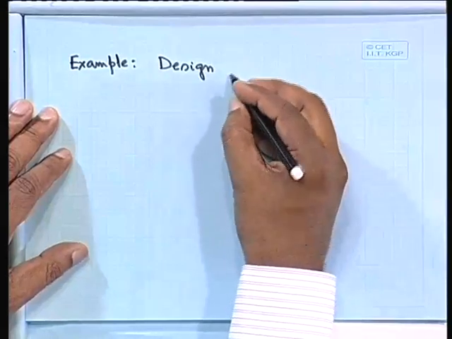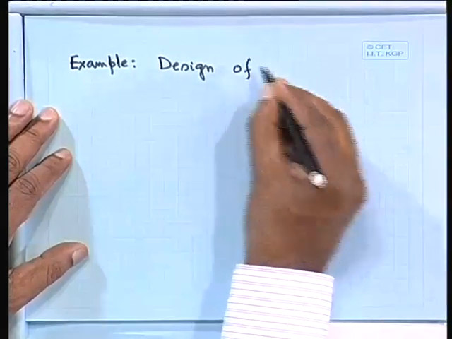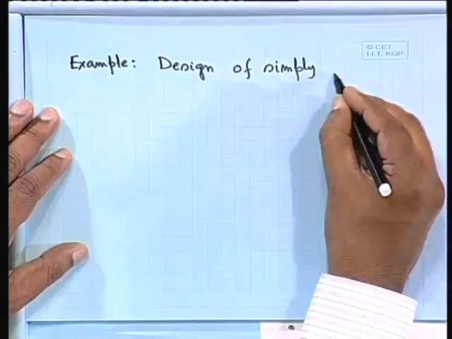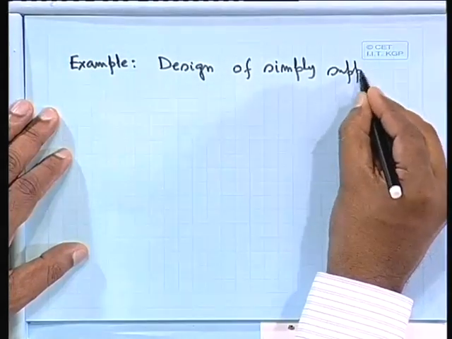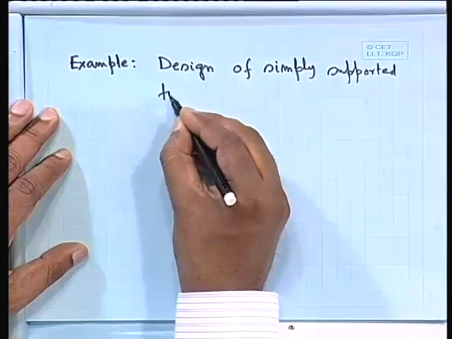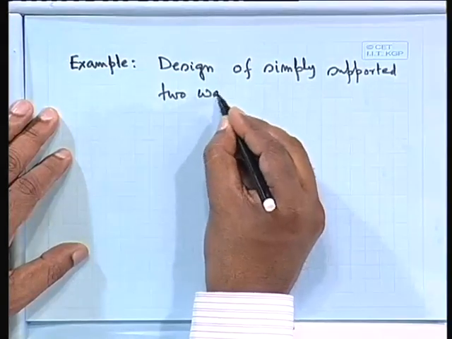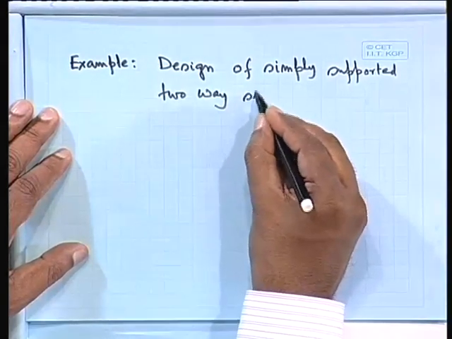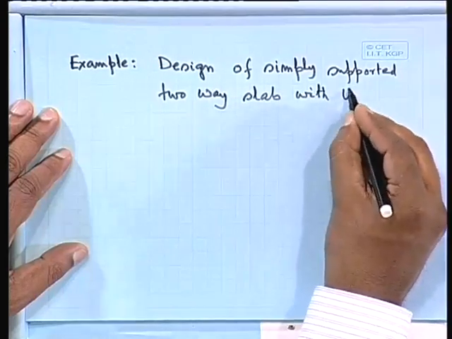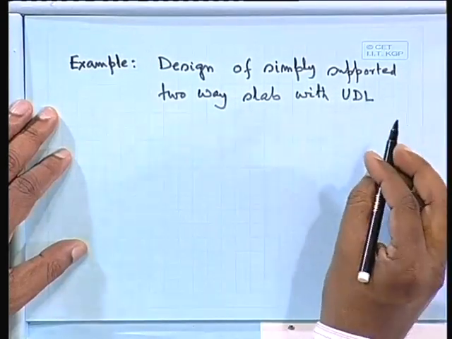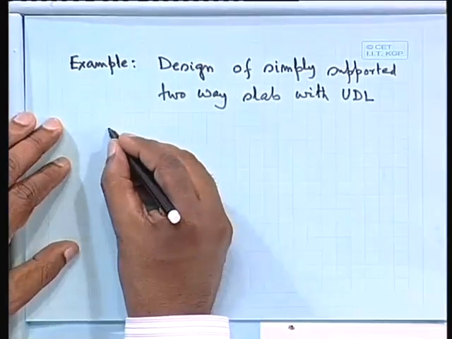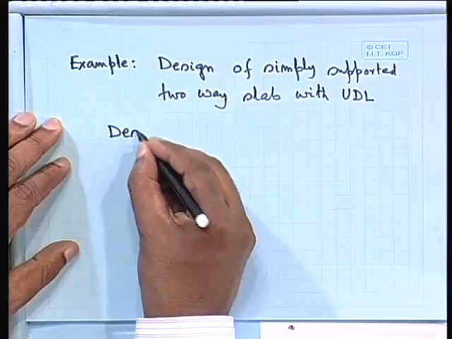Let us state the problem first. Simply supported two-way slab with UDL. Please note, uniformly distributed load we are talking. So, what we have to do, let us write down in a very explicit manner.